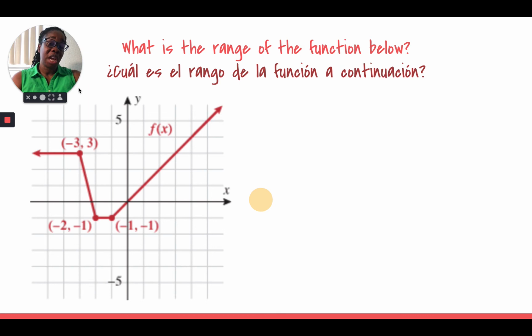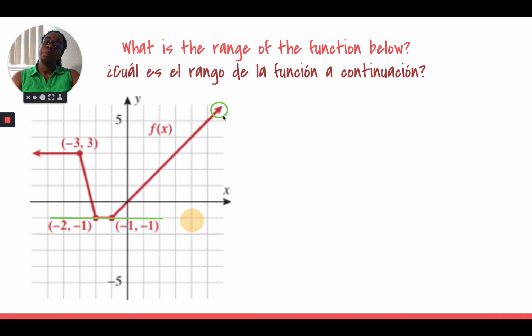What is the range of this function? Well, the range of the function is all the possible y values. So according to what we're seeing on this graph, we want to pay attention to the arrow. Our y values begin at y is equal to -1.